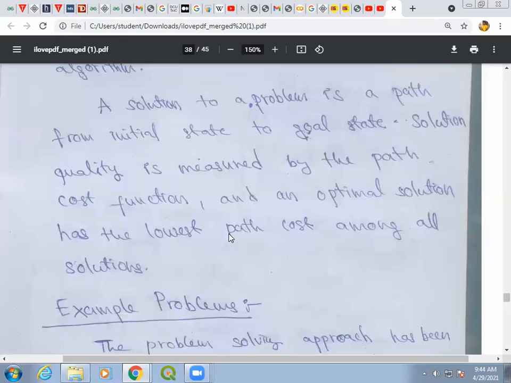A solution is said to be an optimal solution when it has the lowest path cost among all the solutions. Usually we have more than one solution. Among them, the solution with the lowest path cost is the optimal solution, compared to all other solutions. So this is about the definition of a problem.